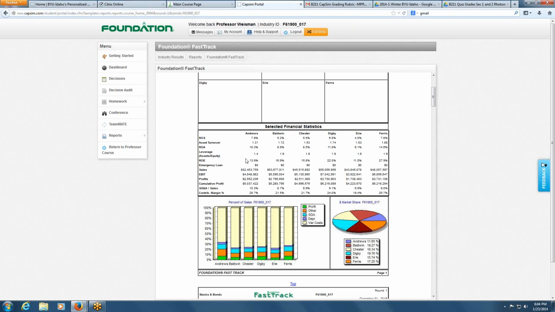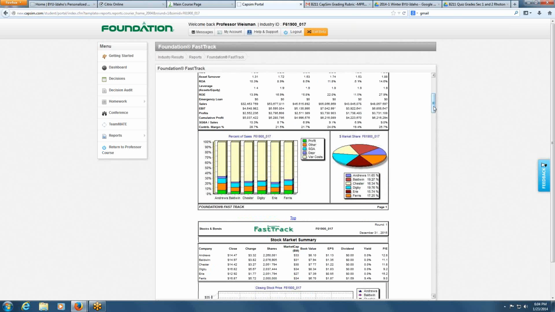Oh no, that's still $32 million. And Baldwin made 53, the highest. Digby made 55, and nobody had any emergency loans, which is good. So Andrews goes through and he's thinking, hey, how come I sold the least? How come I didn't make as much money as everyone else when I did everything I thought I was supposed to do?